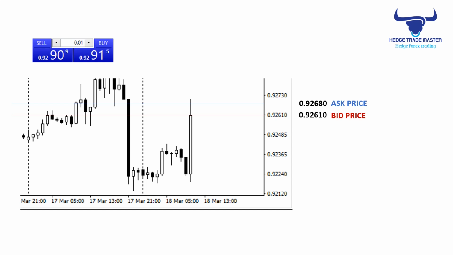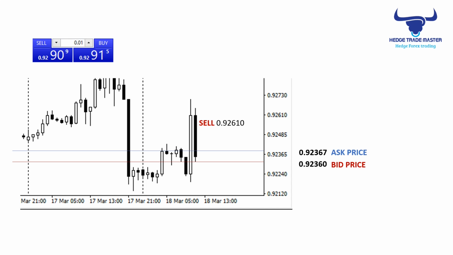Now notice in this chart, let's just assume you sell at this price level, 92610, and it went down. It goes in your favor.